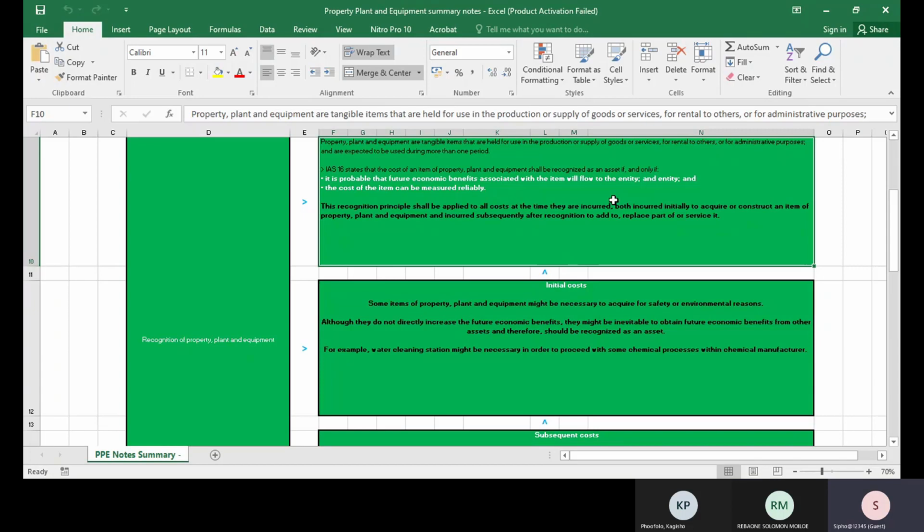So this is what they mean by that. When they say the cost of an item can be measured reliably, they mean when you're building this plant, once you have finished it and you're now in the position to recognize it in your books, can you measure this cost reliably? Yes, because already you have timesheets for the laborers who are building the plant, who are billing every month, right? What else do you have?